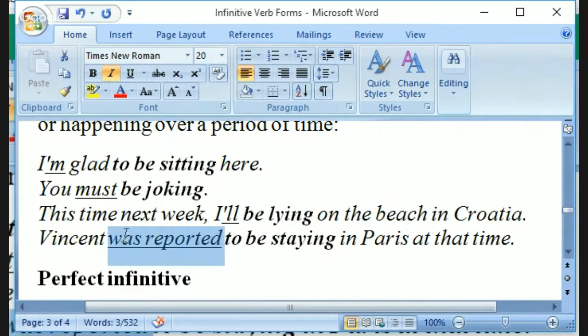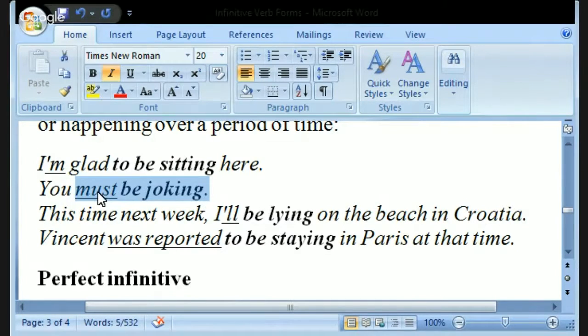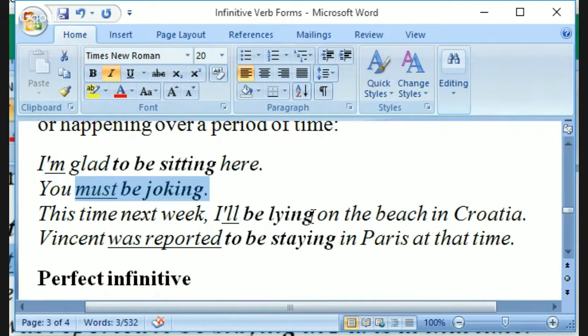And here we have a passive. Vincent was reported to be staying in Paris at that time. In either case, we understand present, also present with a modal. Obviously, this is future. We understand that he was staying in Paris at that time in the past.